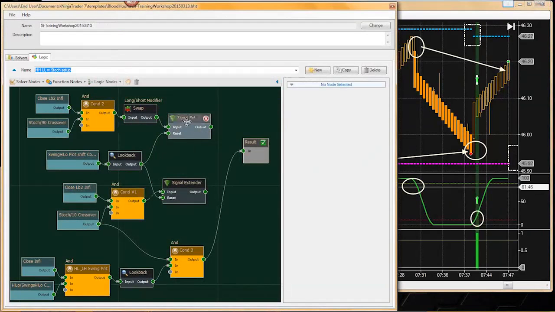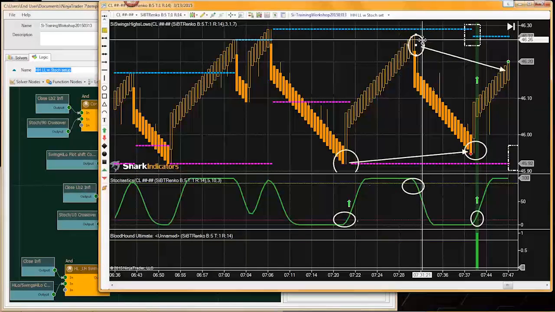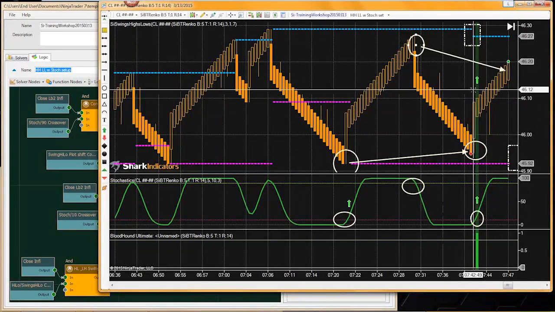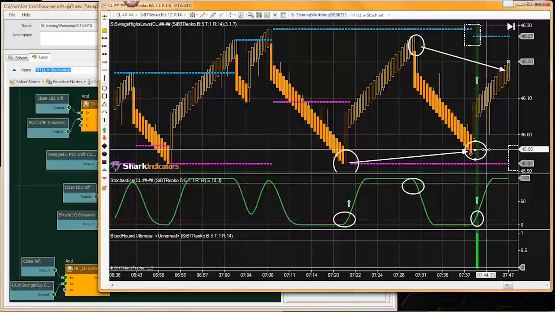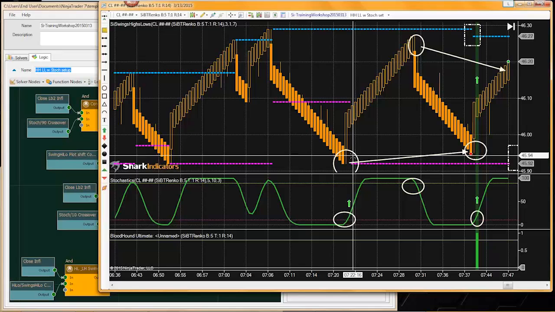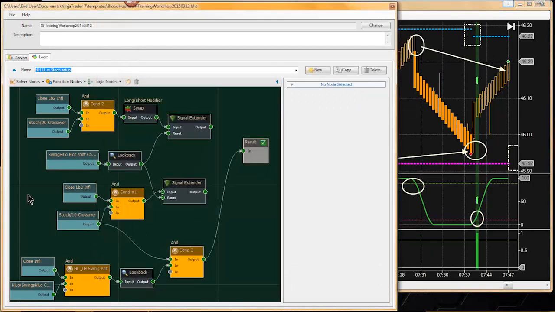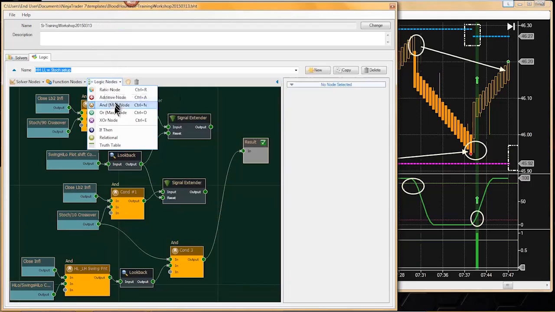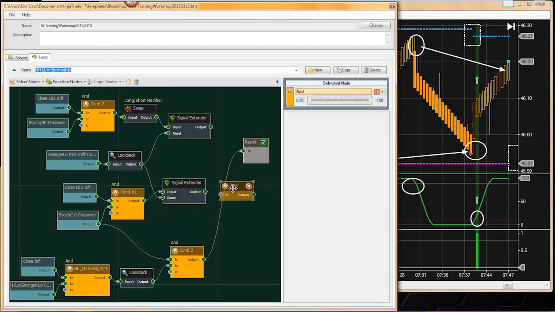And essentially condition 1 and condition 2 are just requirements or filters in a way. You wouldn't take every condition 3. You only take it when you get these trade filters. So condition 1 and condition 2 are really trade filters. Just a little explanation about how to break down your trade setups.